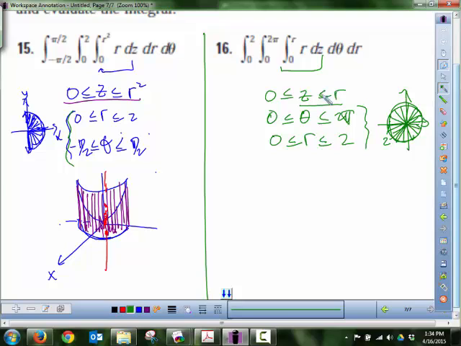Right? So remember that R squared is equal to x squared plus y squared. So R by itself, if you take the square root of that, then you have square root of x squared plus y squared, which is in fact a cone. So it looks like I have my whole cone this time.